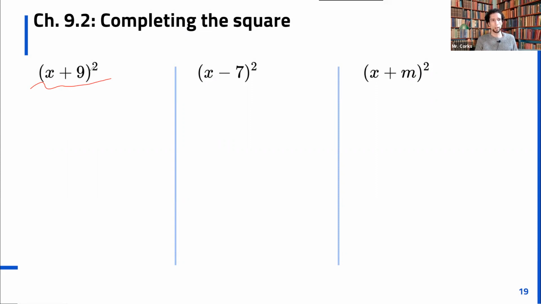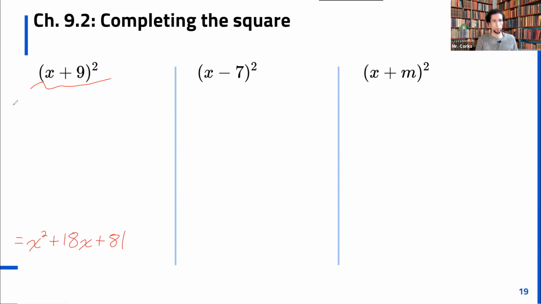So x plus 9 squared is equal to what? x squared plus 18x plus 81. Let's throw in a few more steps here.